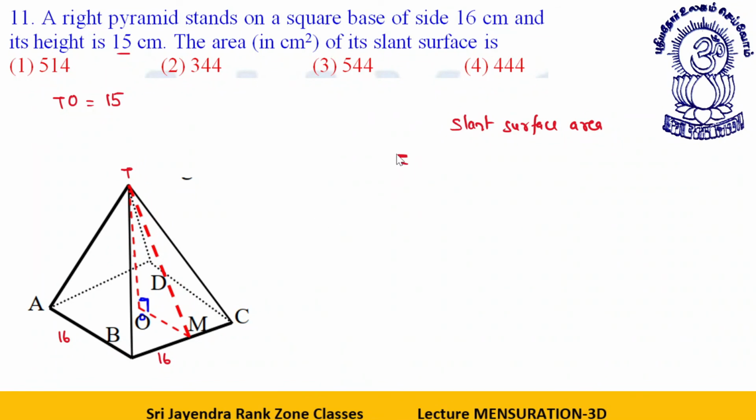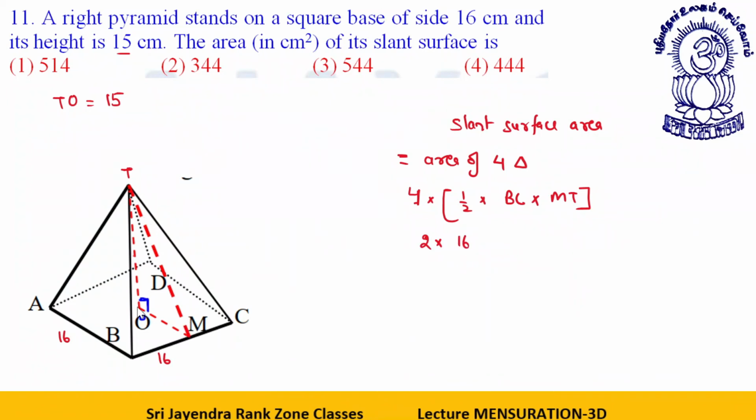The slant surface area will be the area of four triangles. What will be the area of four triangles? 4 into half into BC into MT. 4 into half is 2. BC is 16. MT we have to find.